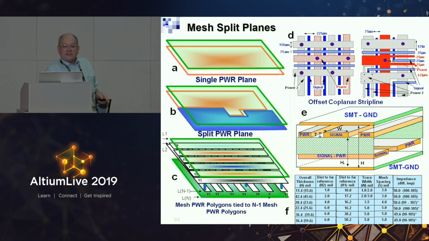But the advantage up there is that in between the mesh, we can put our signals. And in RF, this is called an offset coplanar strip line, which is an RF structure. So you notice that power and ground is coplanar. Ground is on the surface, but power is coplanar.